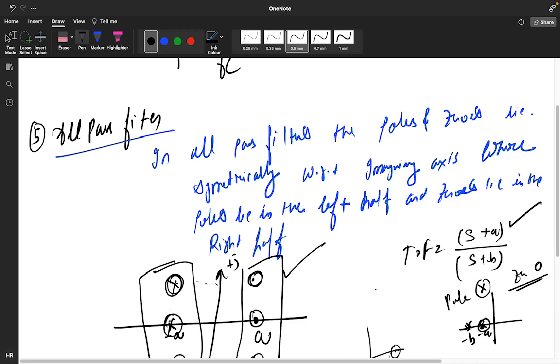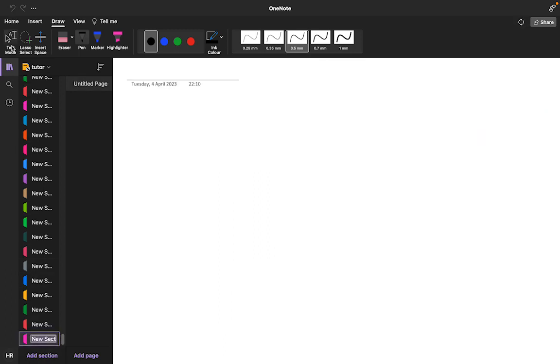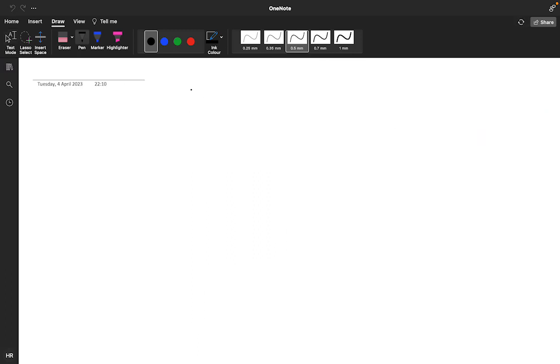Now write down first order and second order systems. There is a first order and there is a second order. First order low pass filter is 1 upon 1 plus tau s.